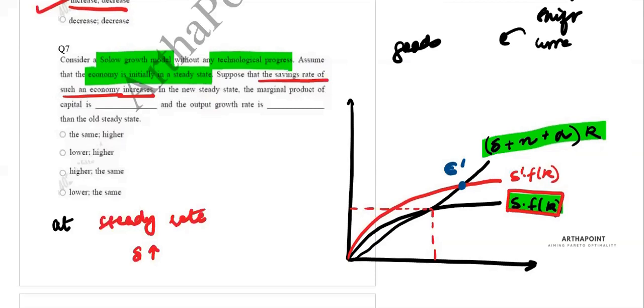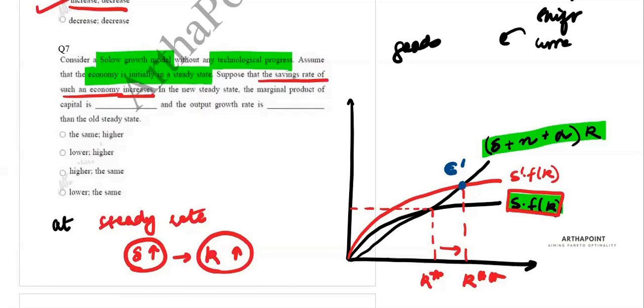And at the new equilibrium, clearly I will have more steady state of capital. This was the initial rate. I will have a higher rate, higher steady state. Now, I have got the following, that when savings increase, then the amount of capital in the economy increases.